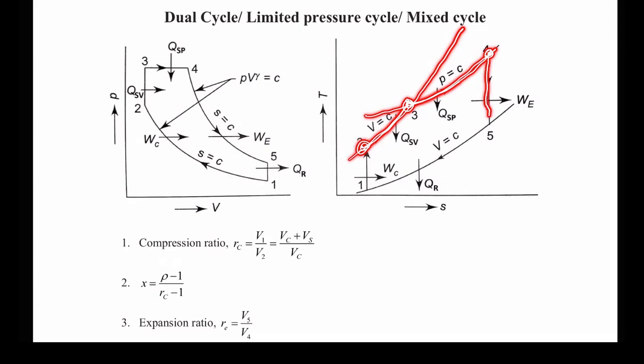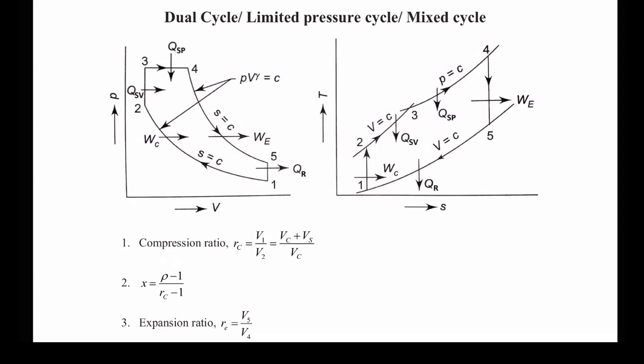Then isentropic expansion, the temperature decreases, and then we have a constant volume heat rejection process. Again we will have isentropic compression and the cycle will continue.